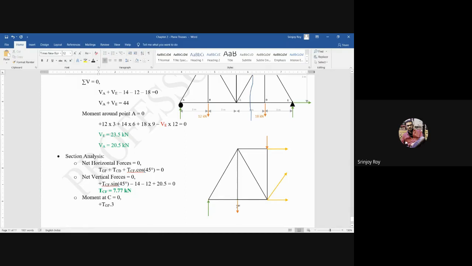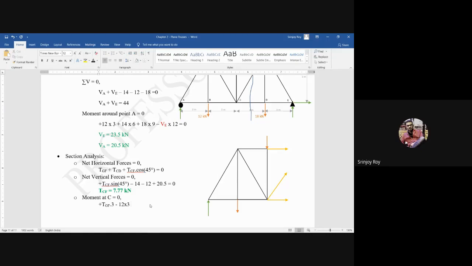Did you get this force, everybody? It's 12. So how much is the value? It's 12. Minus 12 into 3, 3 is the distance. Ab ye plus hoga ya minus hoga? Minus. Why? Because we're using the same concept, sir. Anti-clockwise, because it will actually come anti-clockwise.